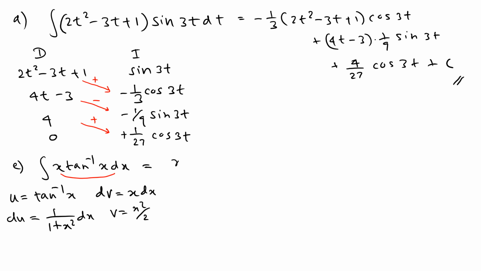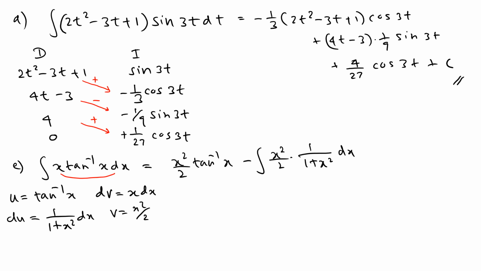So you're going to get uv, the product of the two. So x squared over 2 tan inverse x minus the integral of v du. So it is x squared over 2 times 1/(1 plus x squared) dx. And you can see that 1/2 you can pull out.